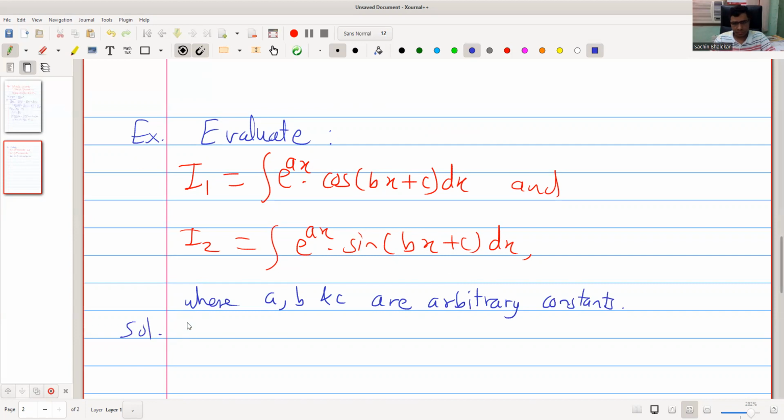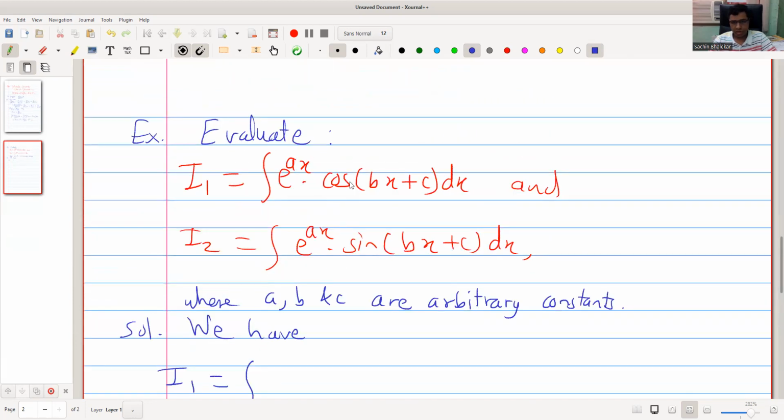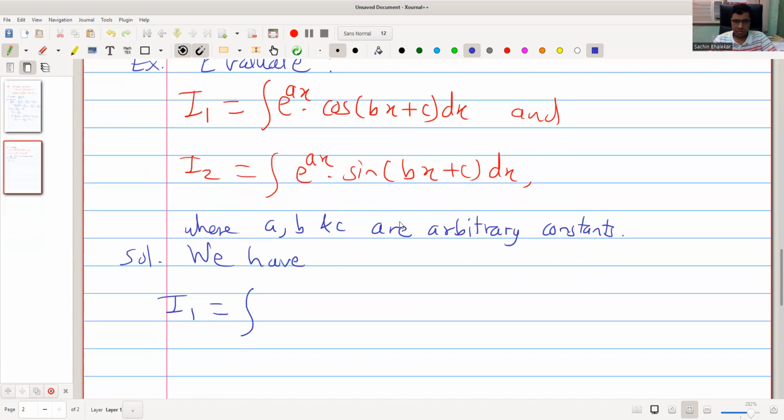Solution. We use integration by parts. Okay. We have I1 equal to integral. So here cos is trigonometric, and this is exponential. So we take first function as cos and second function as exponential.